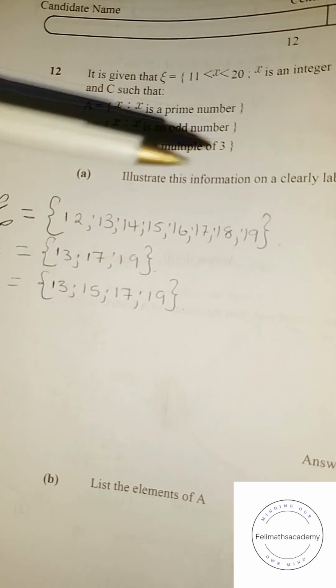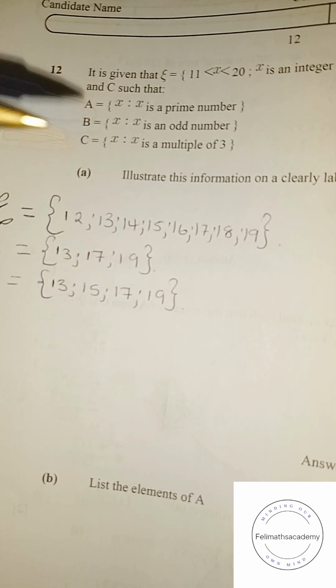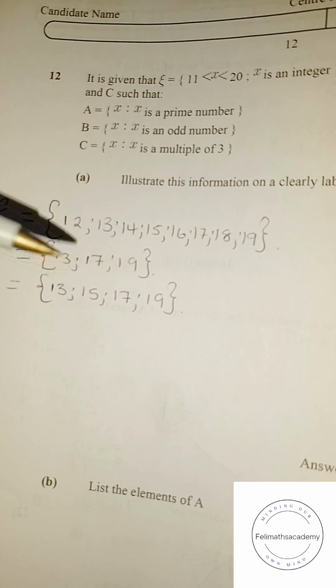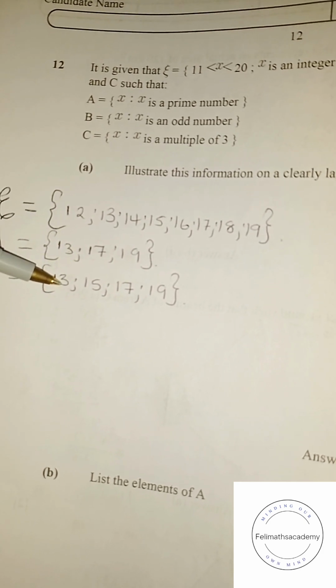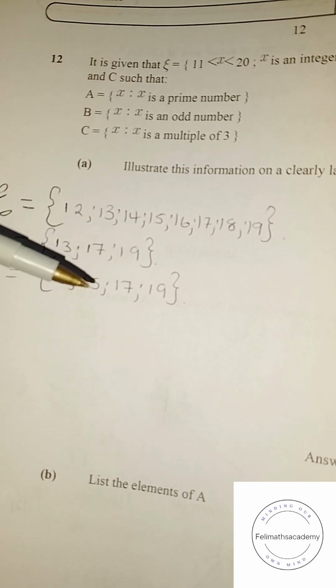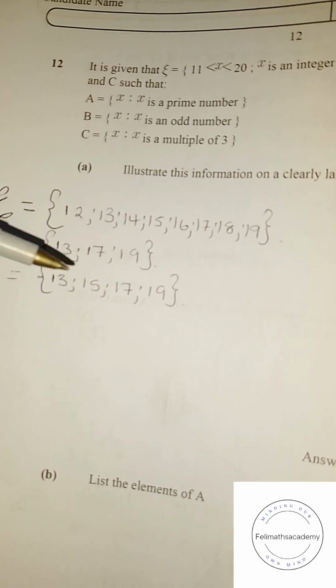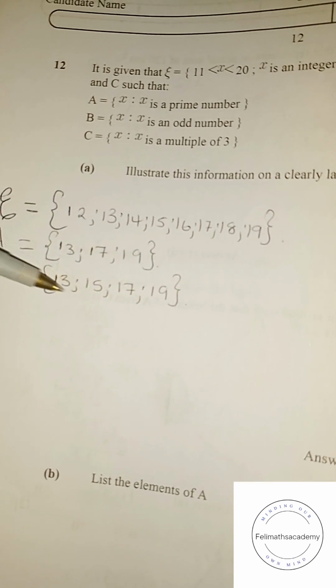Then odd numbers are those numbers which, if we divide them by 2, we obtain a remainder of 1. So if we divide 13 by 2, we get 6 remainder 1. If we divide 15 by 2, we get 7 remainder 1. So these are odd numbers.